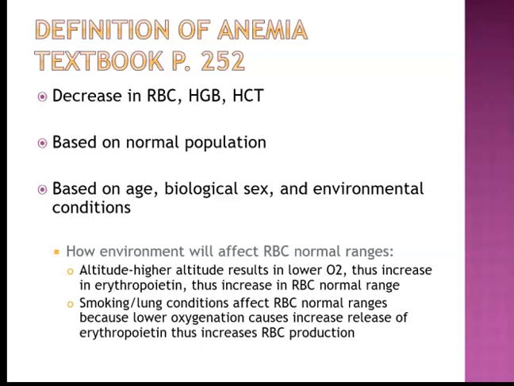Remember, the hormone erythropoietin is produced in the kidneys, and when the kidneys produce erythropoietin, it increases your red blood cells. So you'll have an increased red blood cell range at a higher altitude to make up for less O2 being in the environment.